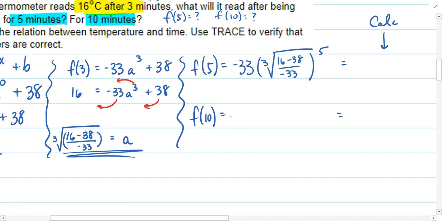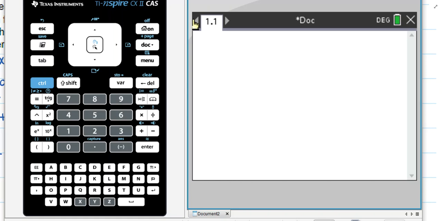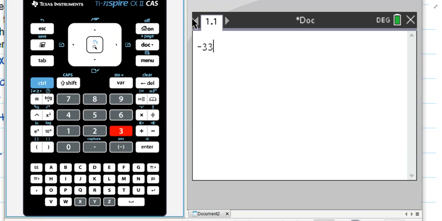So let's set up f of 10 while we're at it. We've got negative 33 times the cube root of 16 minus 38 over negative 33. This time that's raised to the 10th power. And I can build that in the TI calculator pretty easily. We're starting with negative 33 times the third root of a fraction, 16 minus 38 divided by negative 33.